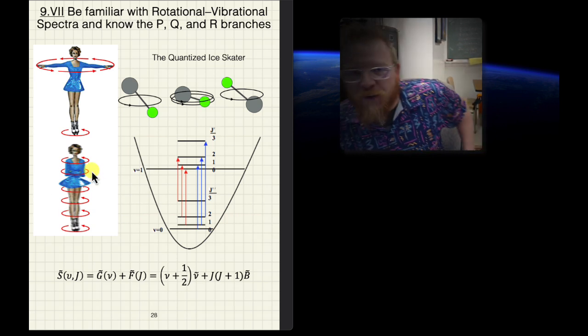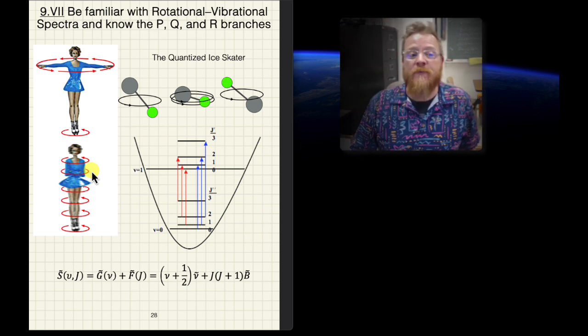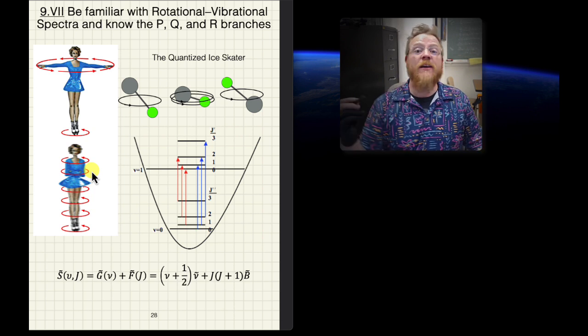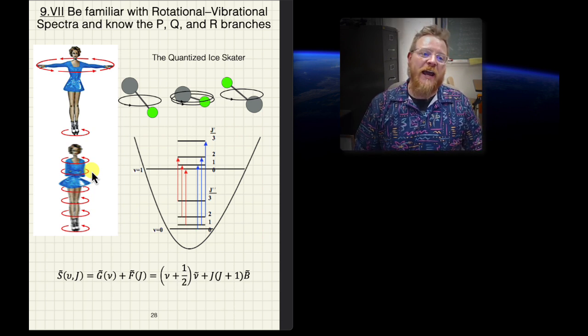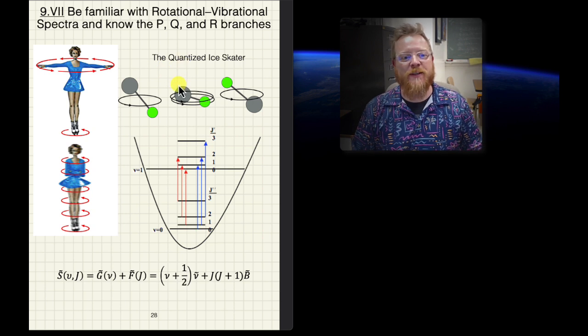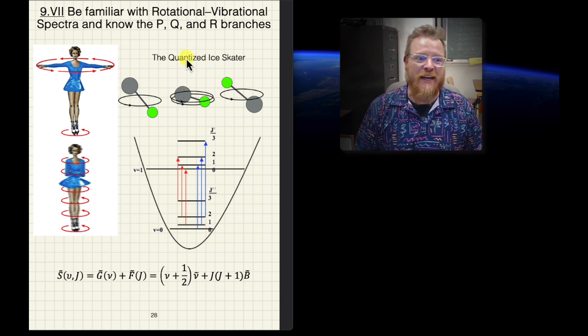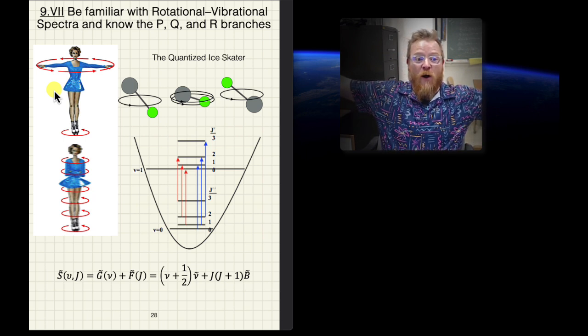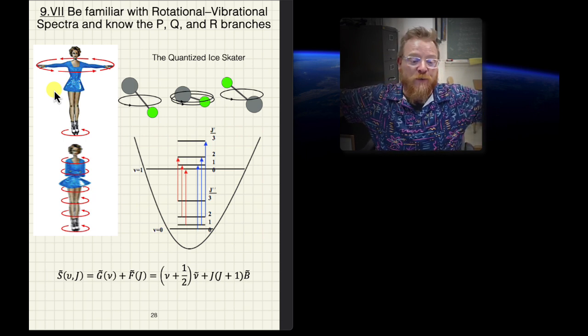So something interesting happens when we start thinking about the vibration of gas phase molecules that are free to rotate. And the classic picture that's used to describe this is the quantized ice skater. So imagine we've got an ice skater with their arms elongated and they're spinning at a certain frequency.